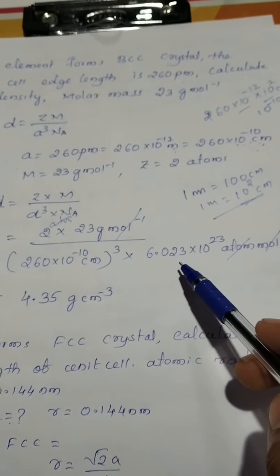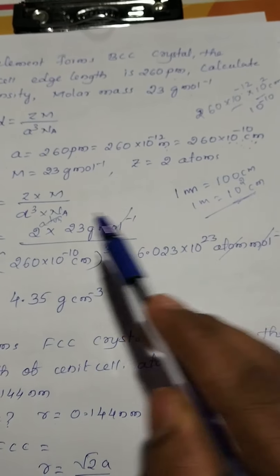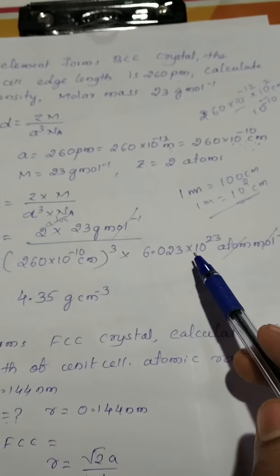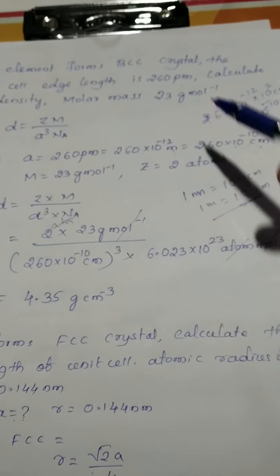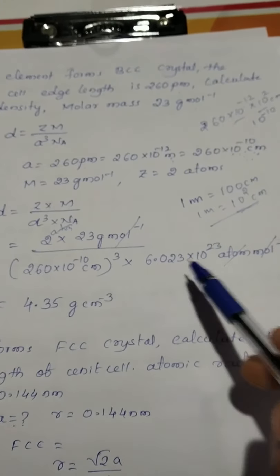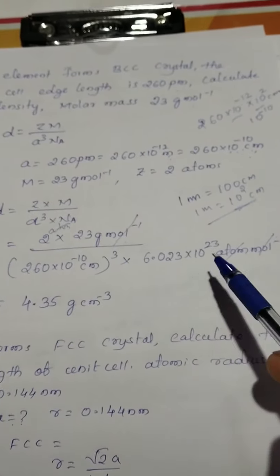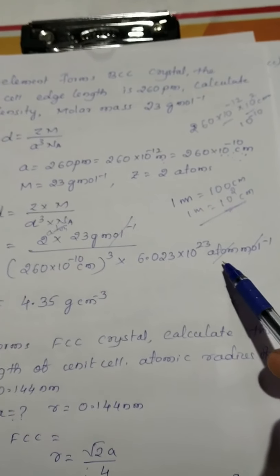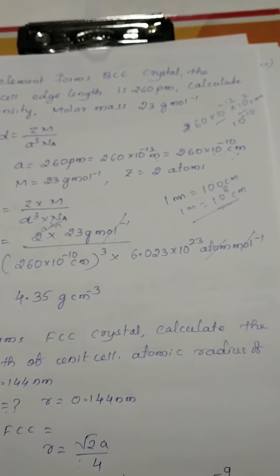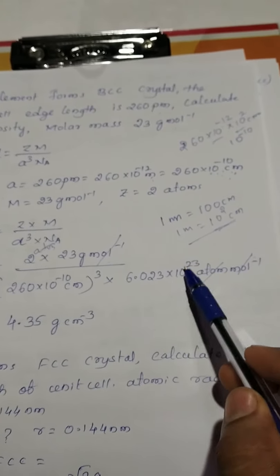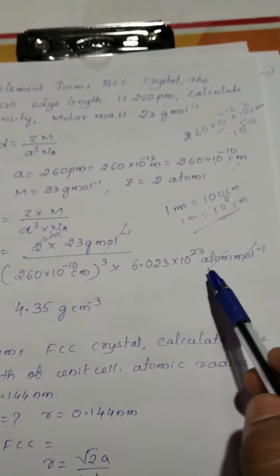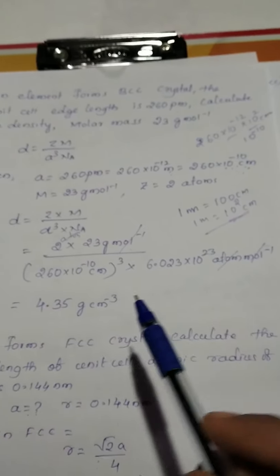Into 6.023 into 10 raised to 23, that is Na, the Avogadro number. It is standard; if not given, we have to substitute it. Na means 6.023 into 10 raised to 23 atoms per mole. We studied this in first PUC.